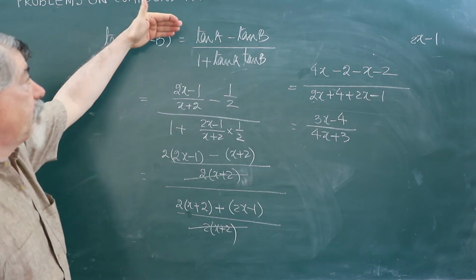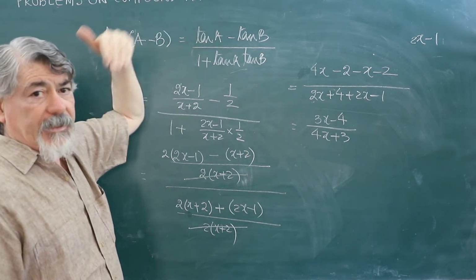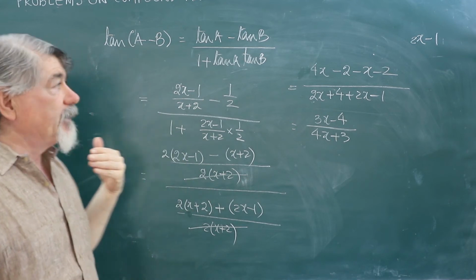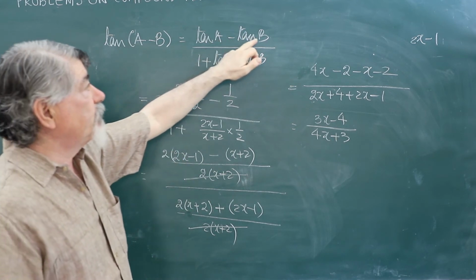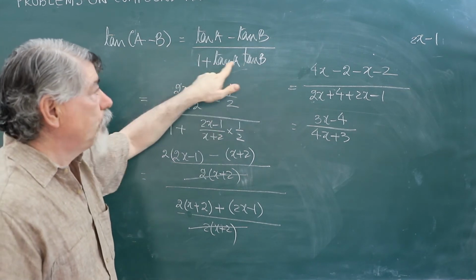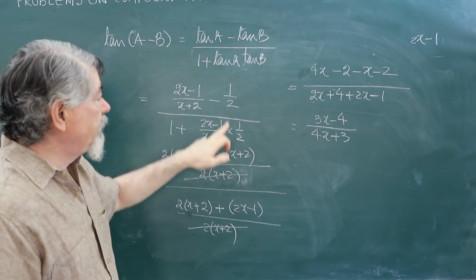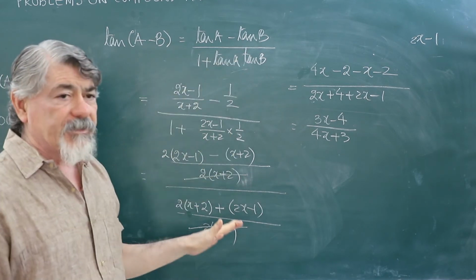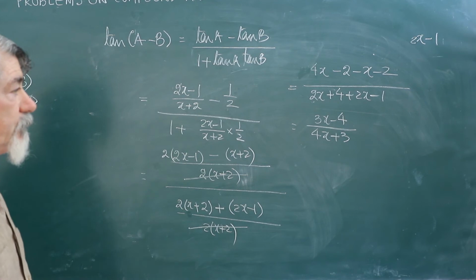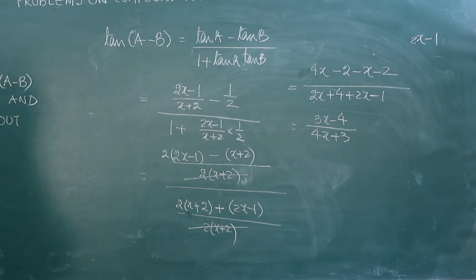And what we have done is, instead of tan A, I have substituted the value of tan A in terms of x, which we calculated just now. Then in place of tan B, I put half, and tan A as (2x minus 1) upon (x plus 2) and tan B as half. And then we simplified and we got it in terms of x. So we got the value of tan(A minus B) in terms of x. That was the second portion.